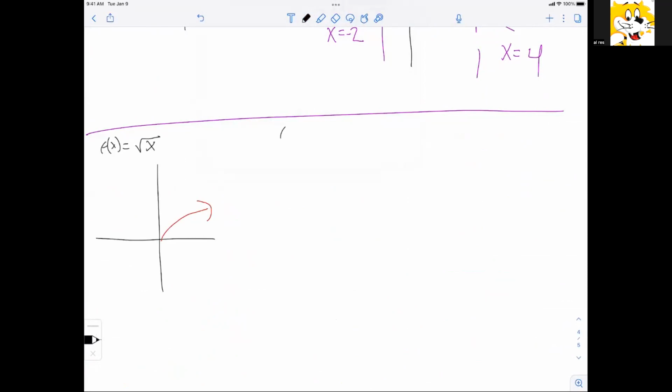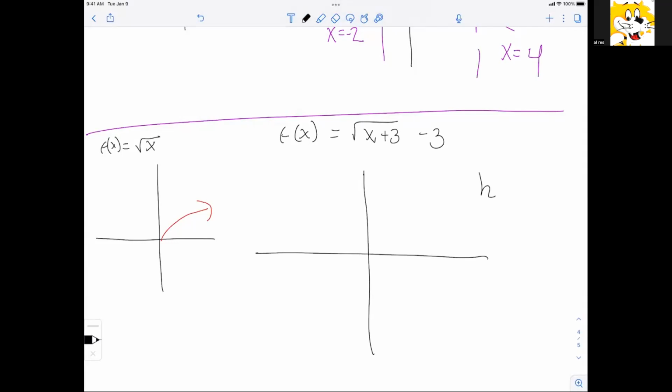If I have a square root of x that has moved, what would be my starting point? What's my h? What's my k?